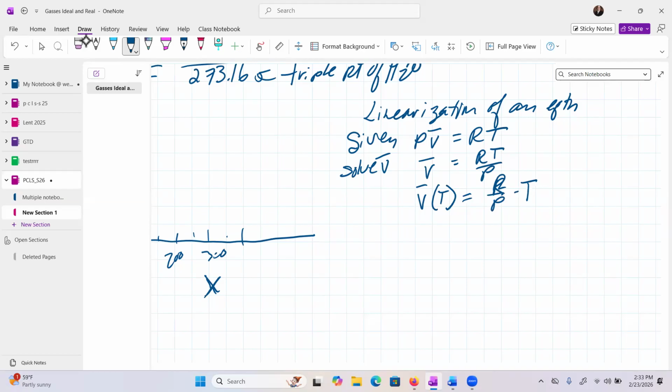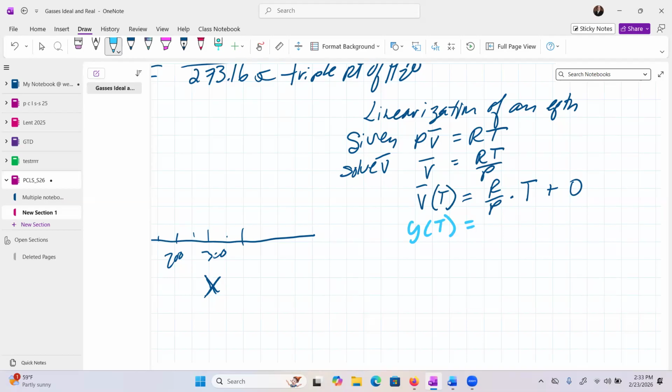Sorry, this is kind of sloppy. Let's clean this up and make it nice and neat. Here, I'll just write it again. That means we have R over P times T plus 0. Now, do you remember y equals mx plus b? This is y of x, y of T if you will.